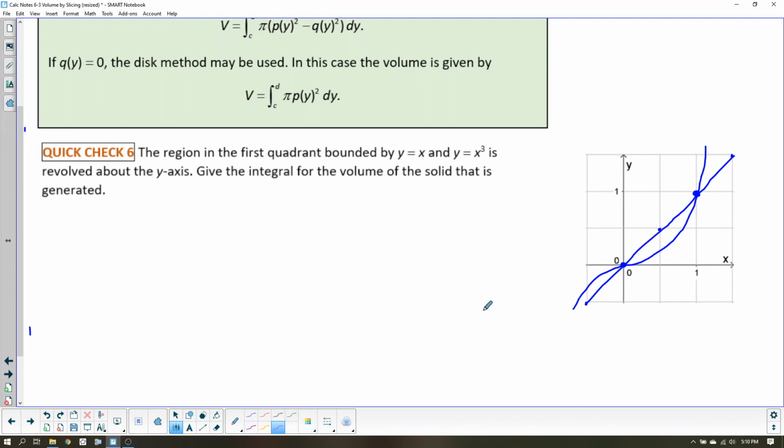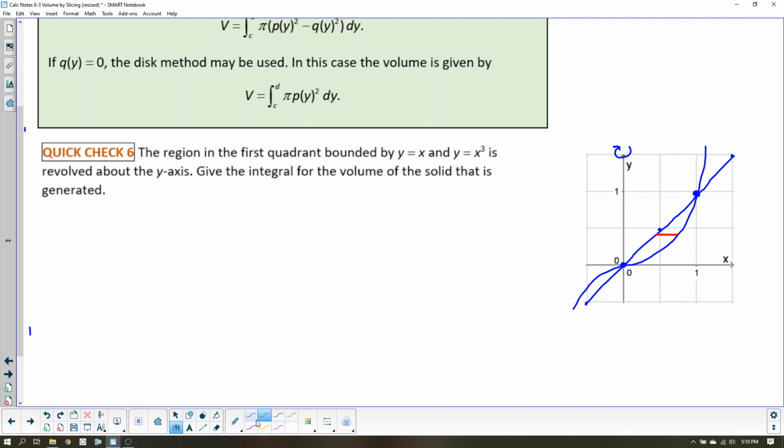That's what we're actually rotating, and we are rotating it about the y-axis. So we're going that direction. So you have to kind of imagine it sweeping out a bowl here. This would kind of come back in the same direction. So our typical cross-section would be this direction here. I think it's always helpful to put this in. Whatever you're rotating about, your cross-section has to be perpendicular to that axis.